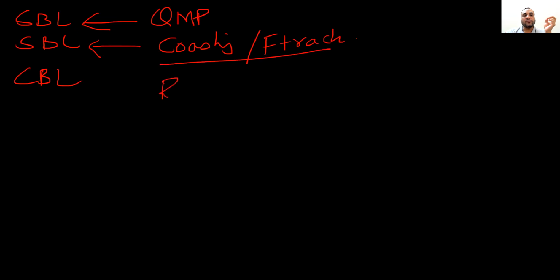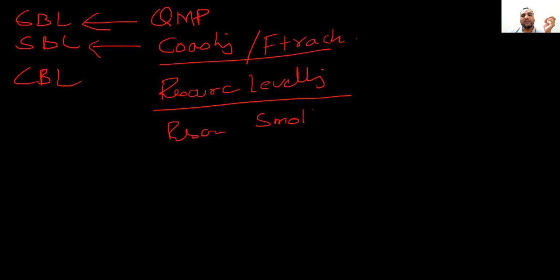We can perform resource leveling at the time of planning, which means our baseline can be changed. If we are in execution, we can use resource smoothing, which means getting the activities from the non-critical path and deploying them on the critical path.